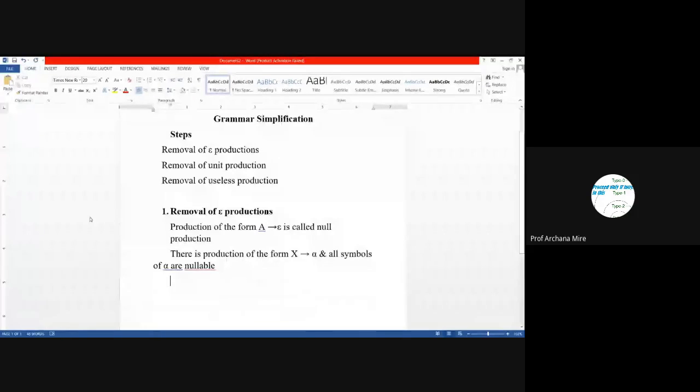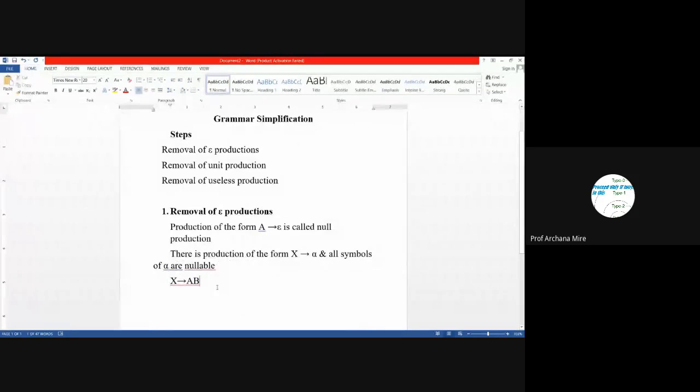If there is a production like X leading to AB, then this complete sequence AB, which is a sequence of non-terminals, is called alpha. So if there exists a production of the type X leading to AB, and symbol A is nullable and symbol B is nullable, then X is also nullable.